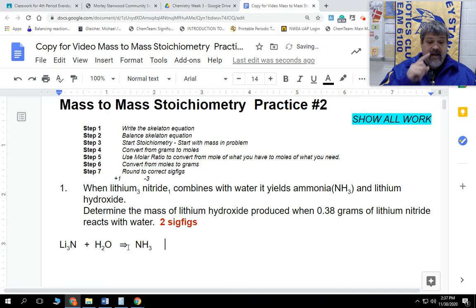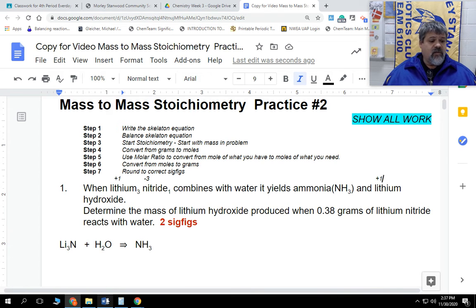And lithium hydroxide. Now, lithium hydroxide, lithium is, we know what that is. If I go way up here, lithium's a +1. Hydroxide, well, what is hydroxide? Well, first of all, it's not an element, so it's a polyatomic ion.